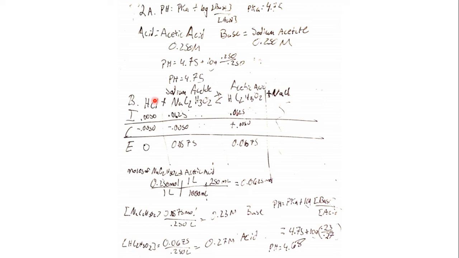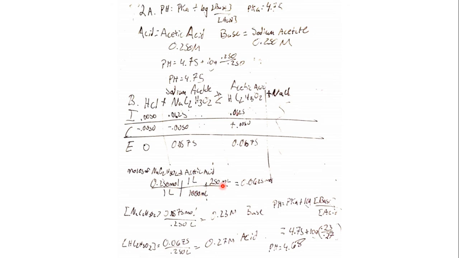So I'm going to make an ICE table. Initially I have 0.0050 moles of hydrochloric acid, and I need to figure out moles of sodium acetate and acetic acid. When you're doing ICE tables, you need to be working in moles. So I take my sodium acetate. My molarity is 0.250 moles in 1 liter. I'm going to take that 1 liter, convert to milliliters.